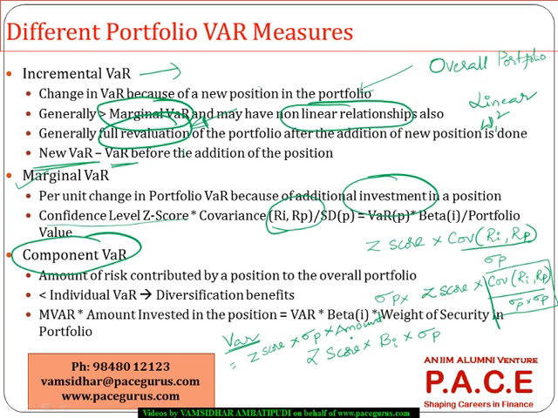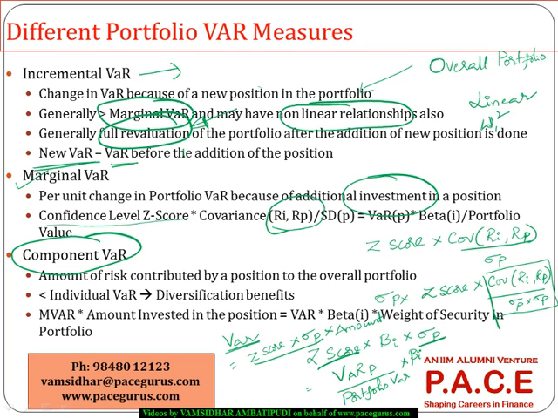So if I really want Z score into the standard deviation of the portfolio, this is nothing but the value at risk for the portfolio divided by the portfolio value, multiplied by the beta of the security with respect to the portfolio.